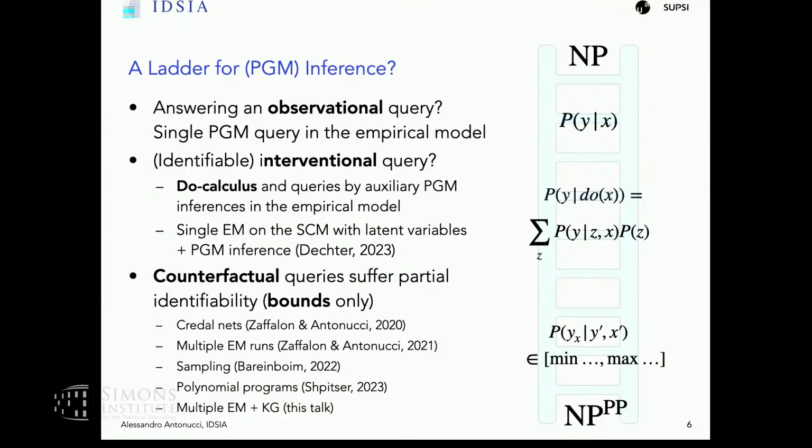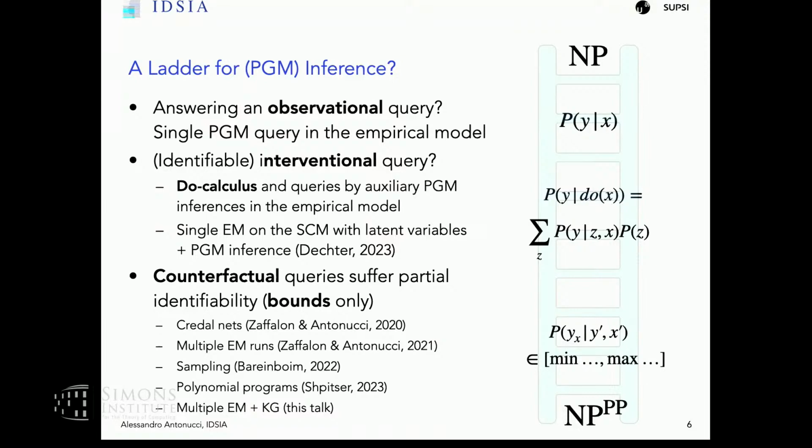A lot of people, of course our group, but also other people, are trying to compute the bounds of counterfactual queries. We initially did something in the field of credal networks. I'm saying something about that. Then we moved to EM approaches.